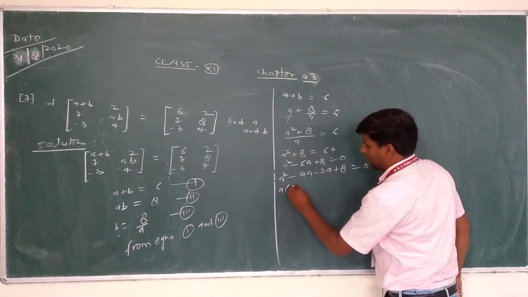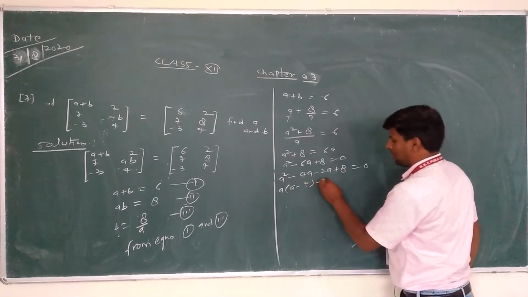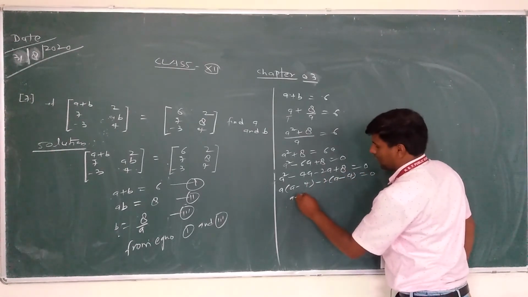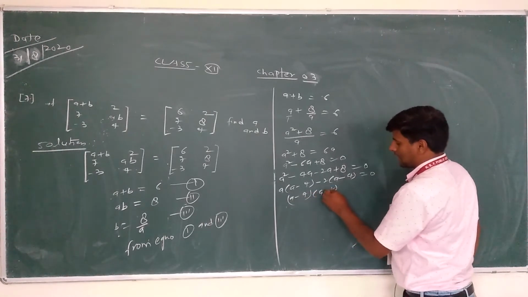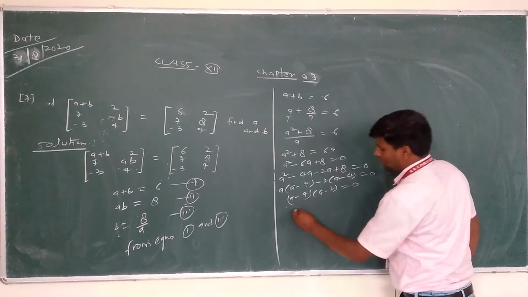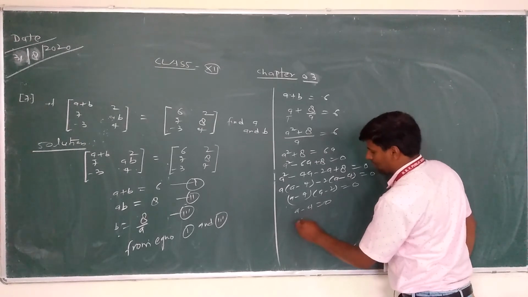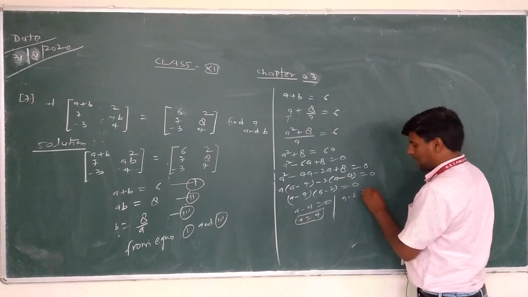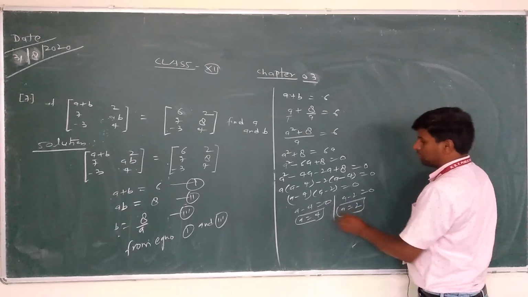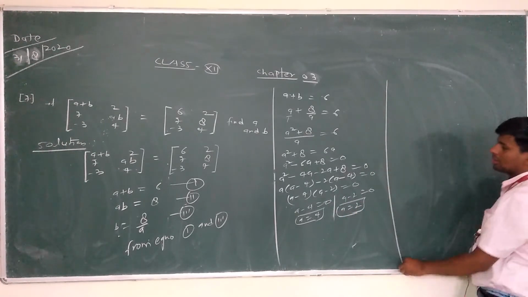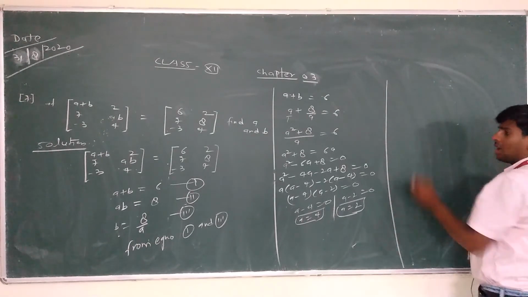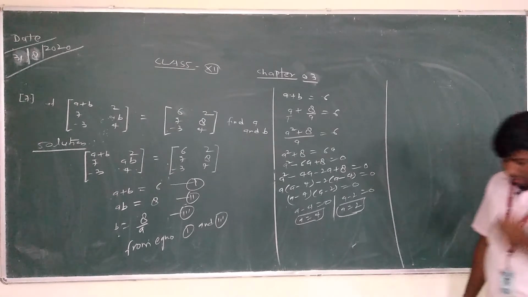We can take a common. So it is a minus 4, minus 2 common, that is a minus 4. So in the first bracket a minus 4, in the second bracket a minus 2, equal to 0. So a minus 4 equal to 0, a equal to 4. Second, a minus 2 equal to 0, so a equal to 2. We get two values of a, that is 4 and 2. Our aim is also to find the value of b.